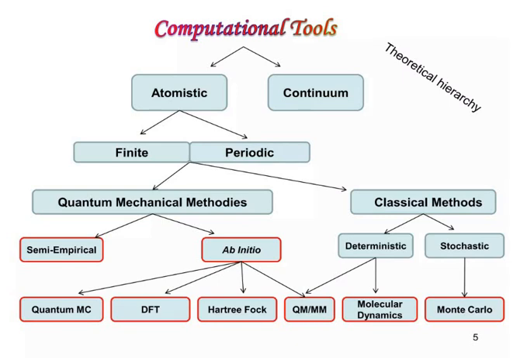And then stochastic is Monte Carlo and deterministic is molecular dynamics. So quantum mechanical methods, you can see semi-empirical and ab initio. In ab initio, quantum mechanics, DFT, Hartree-Fock, and quantum mechanics and molecular mechanics. This is the hierarchy of computational tools.